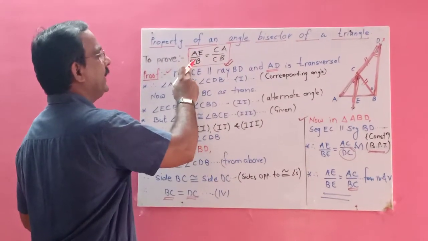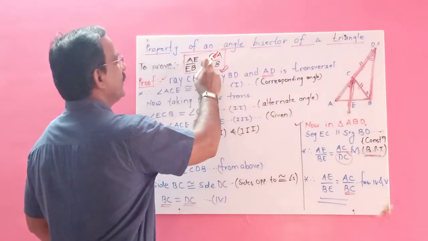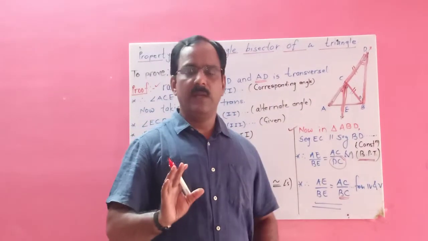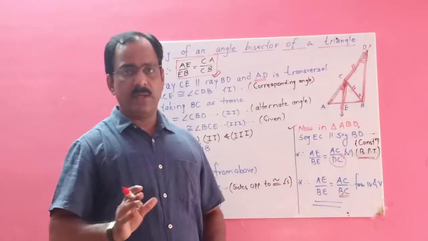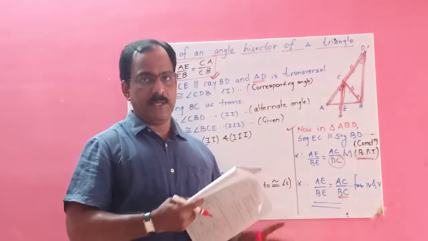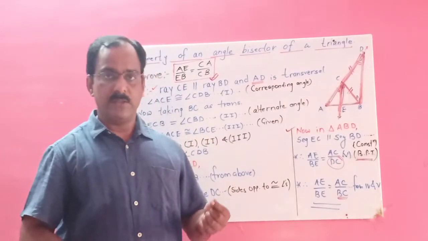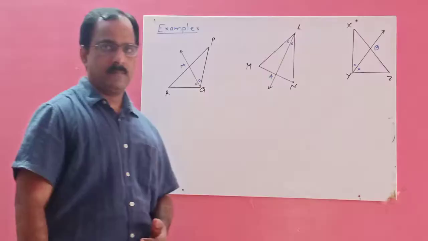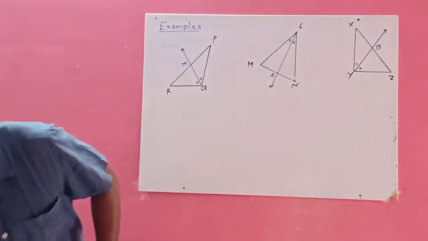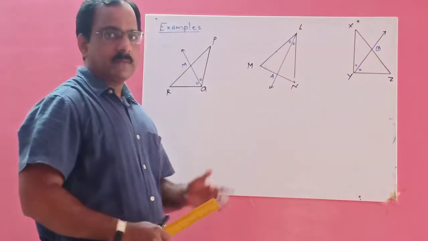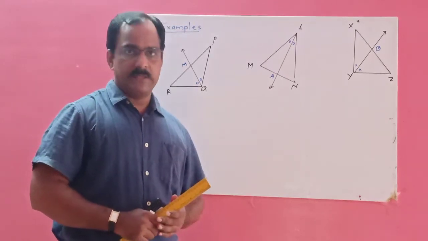AE upon EB is equal to AC upon BC. This is called the angle bisector theorem. So I hope children all of you have understood this. What is the angle bisector theorem? I hope all of you have understood the angle bisector theorem.